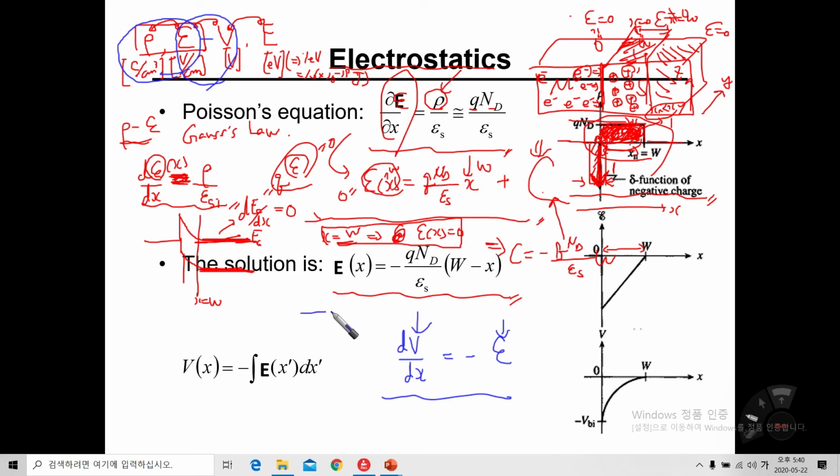Okay, so here is x of 0, here is x of d, and the potential value is high here and low there, I mean the plus and minus. Then the electric field is formed from plus to minus, right?